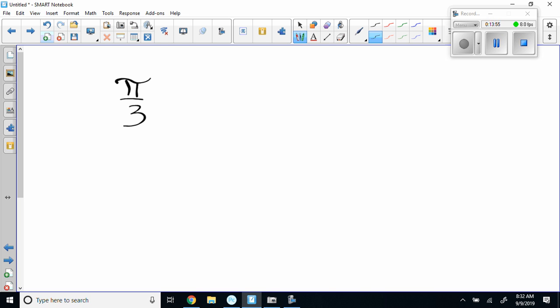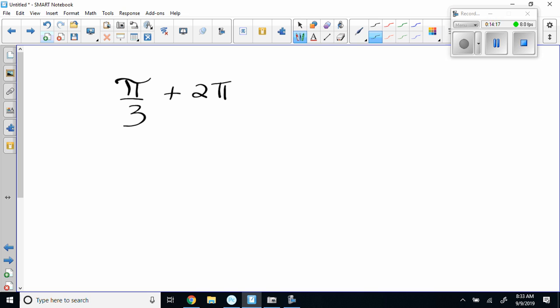That's in degrees, but what about in radians? 2 pi. Why 2 pi? Each pi is 180. It takes 2 of them to get to 360, right? So really what I'm doing is adding 2 pi.